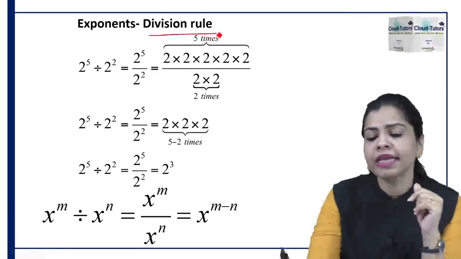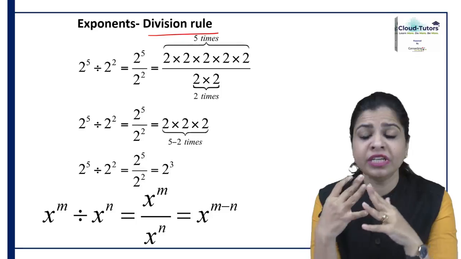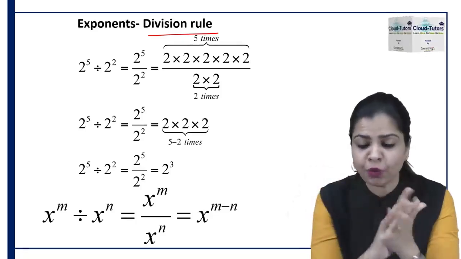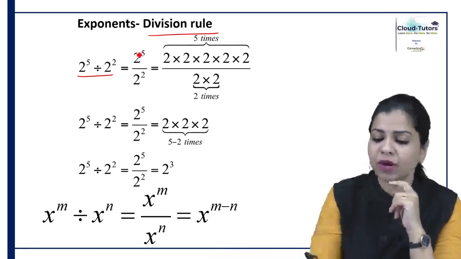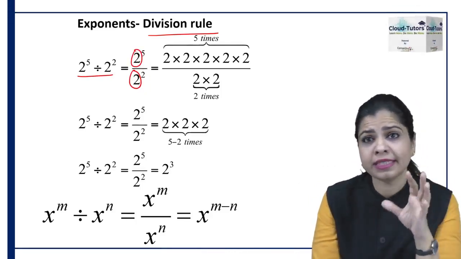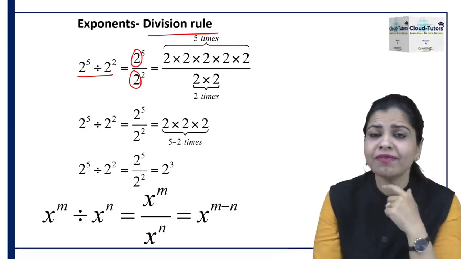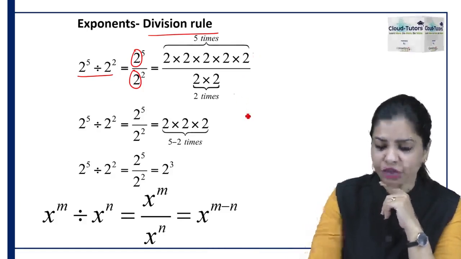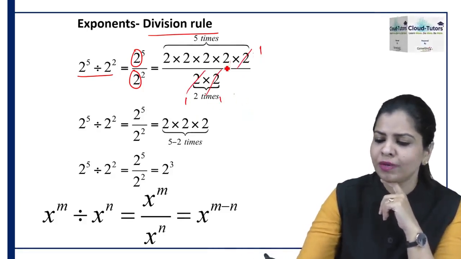This is called the division rule. Wherever there is division involved, we use this rule. Say, for example, I'm dividing these two numbers. Again observe, the bases are the same. Powers need not be the same. So how do I divide? Here I have 5 and here I have 2, so I can simply cancel. 2 ones are 2, 2 ones are 2.